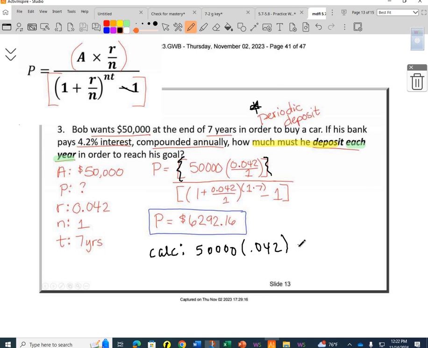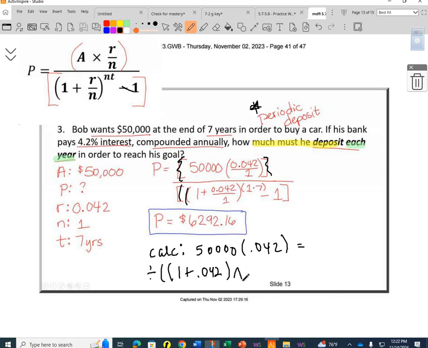I'm going to hit equals. You don't actually have to do that either, but I like to do that before I hit divide. So I'm going to divide, left parentheses, right here. 1 plus 0.042. Once again, if that were some other number, I would divide there.